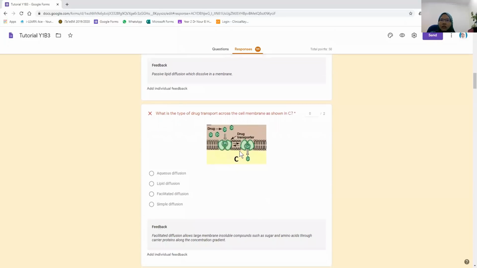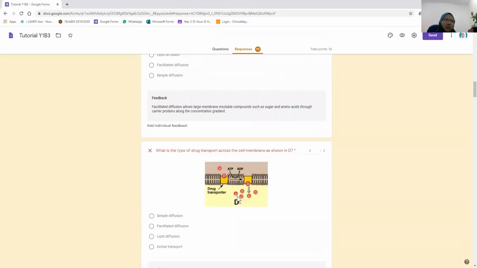Okay. Next, C is a facilitated diffusion or carrier-mediated diffusion. There's also channel-mediated diffusion. So all these carrier-mediated or channel-mediated are facilitated diffusion, right? It's because it allows diffusion of large soluble compounds such as sugars. Okay, not so large, but sugars and amino acids to pass through a concentration gradient.